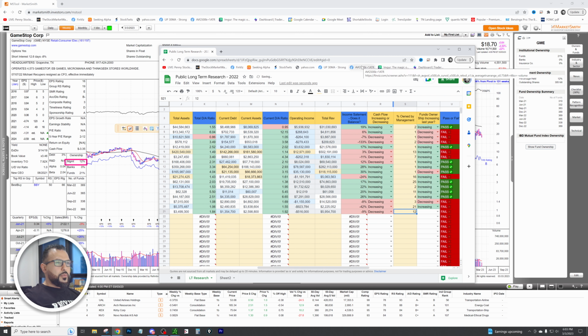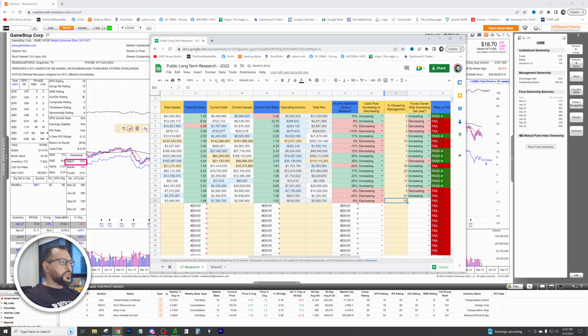All right. Now, are the funds ownerships increasing or decreasing? That's something we got to pay attention to as well. So we got to come here to the fund ownership. We're going to look at the funds. March 2021, we had 310, 330, 360, 389, 369, 365, 338.